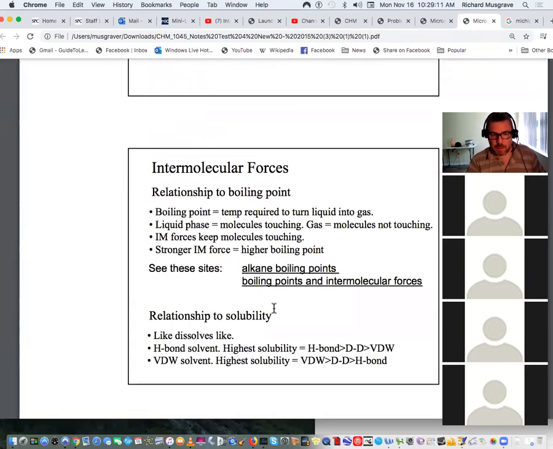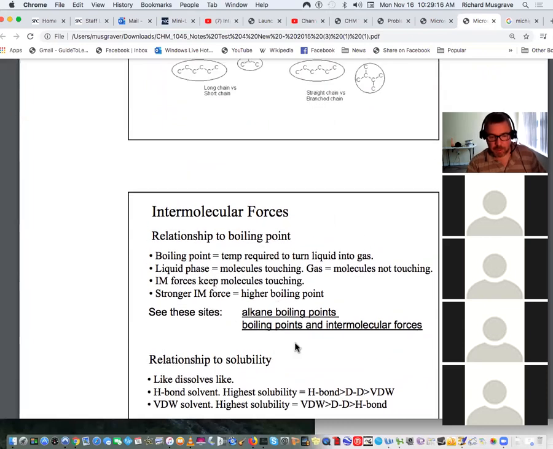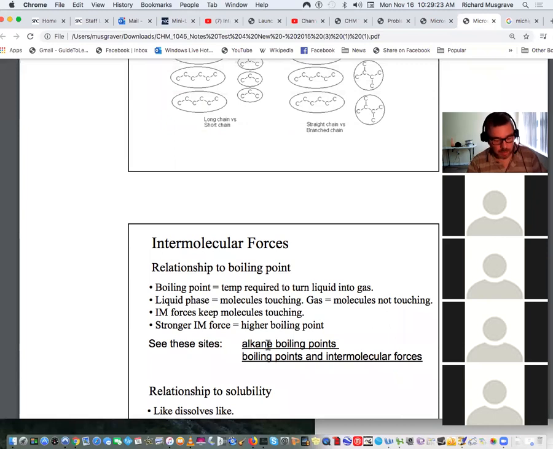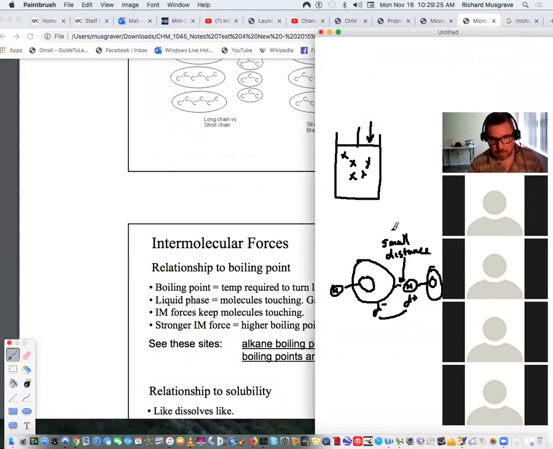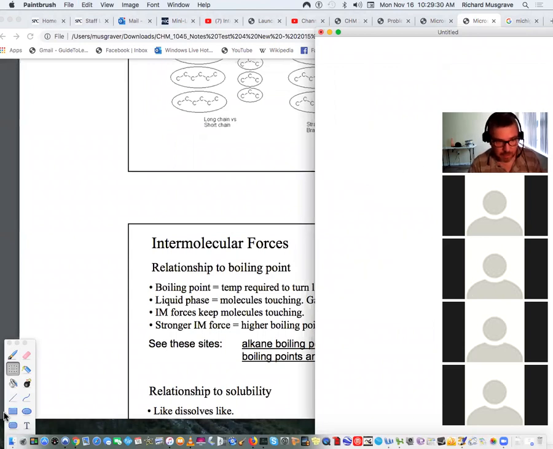All right, so let's look at the examples that you need to be aware of about how to determine the differences between the intermolecular forces. This is kind of like a summary, I guess, of what we've just been talking about. We've got Van der Waals, and that is C-H only.